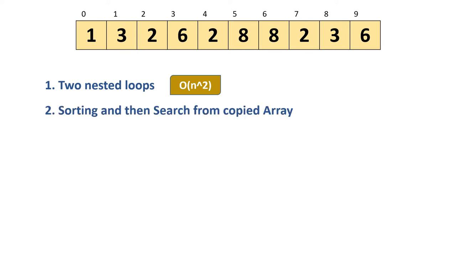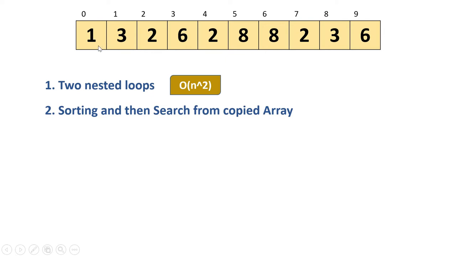So another approach will be sorting and then searching. Before sorting, we have to take a copy of this array, because after sorting, the index positions will be disrupted. So that's why we take a copy and then sort. After sorting, all the same numbers will group together.